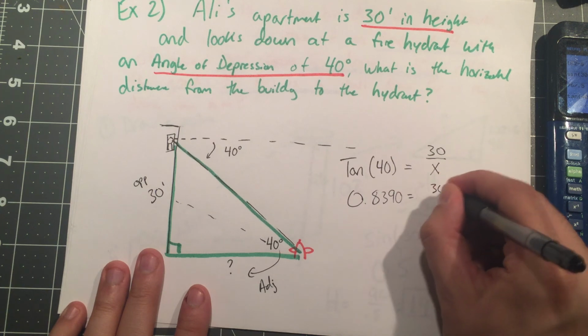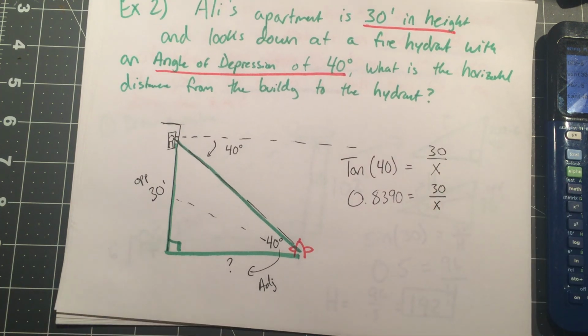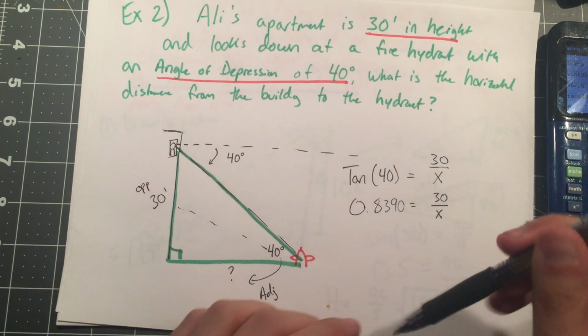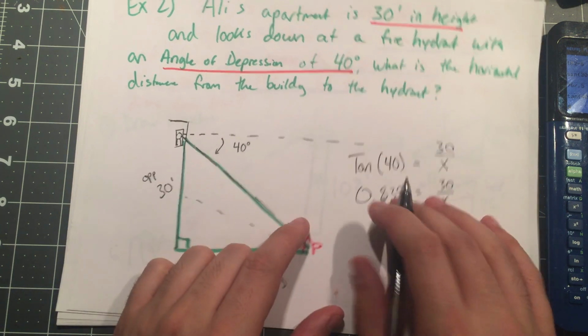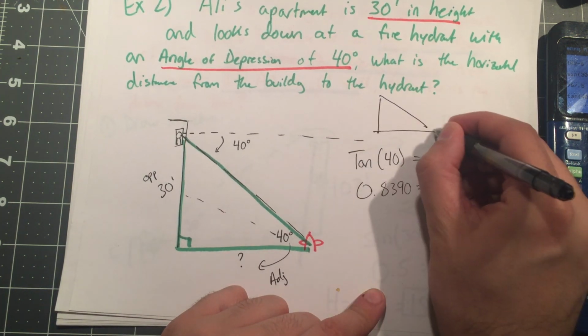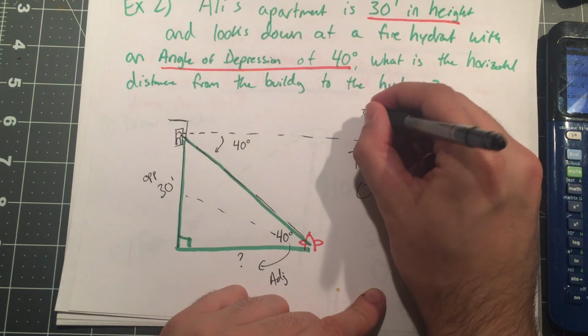0.8390. And as you can see, we drew a picture. I could have drawn my simplified triangle. I did not. It would look something like this, where this is 40, this is x, and this is 30.